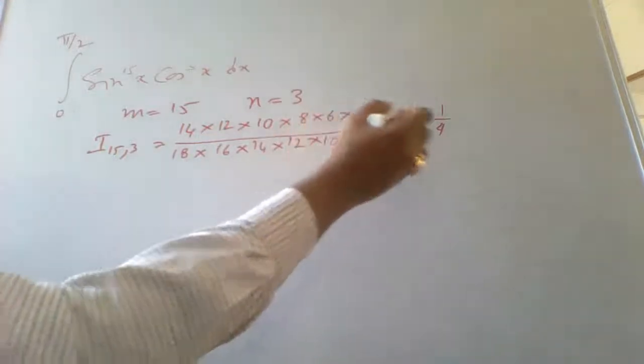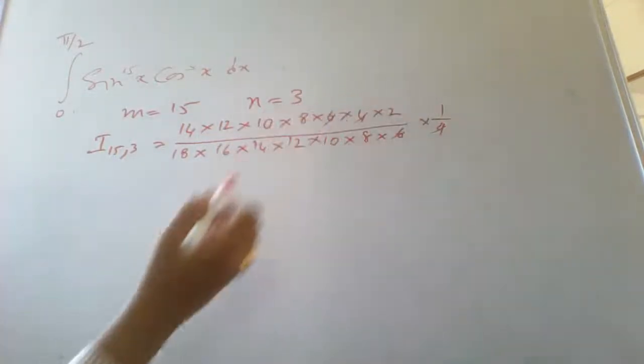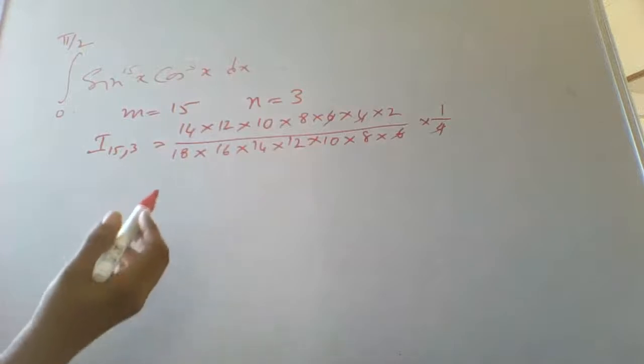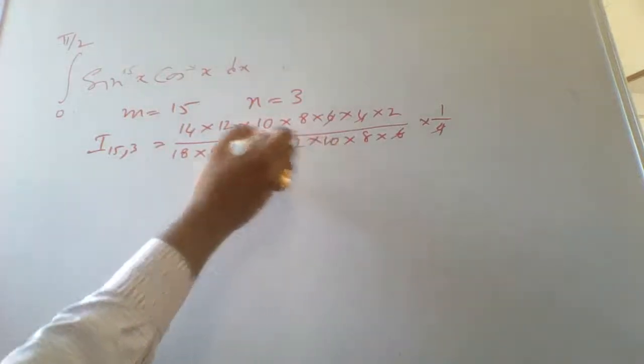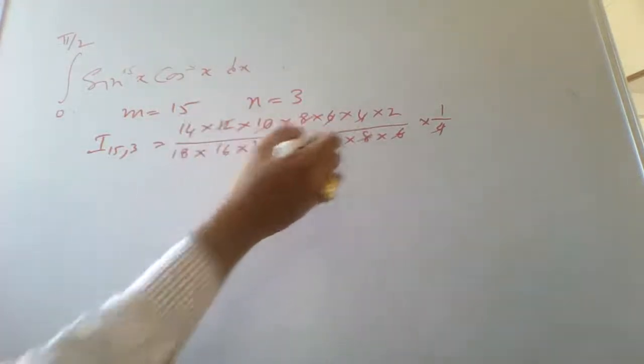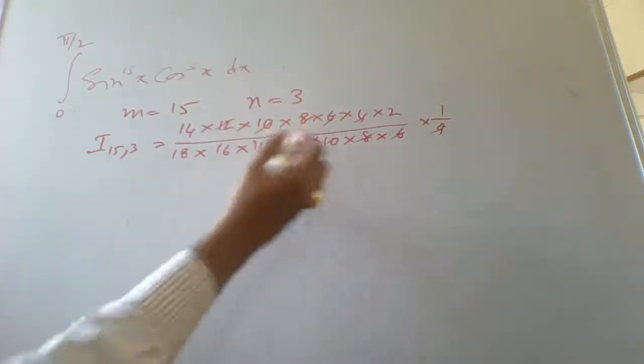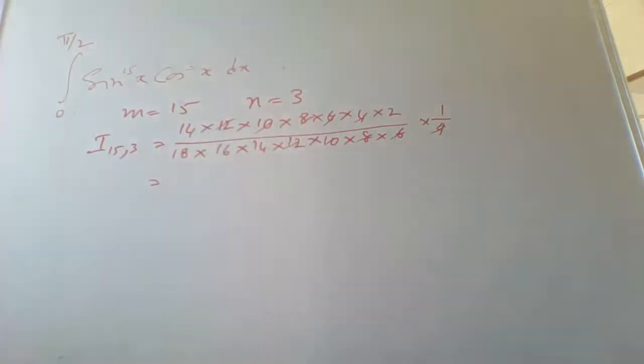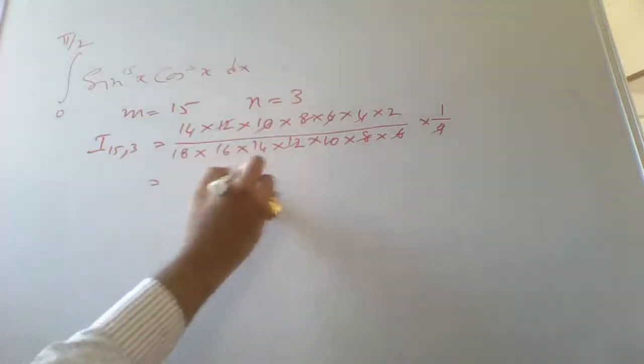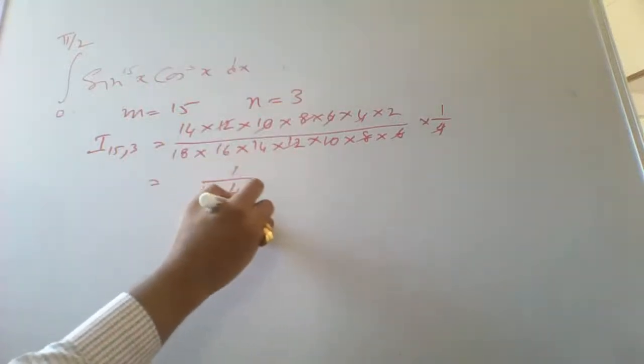So I can cancel these, and these, as well as these, and I'll be left with only 1 by 144. So that will be the solution.